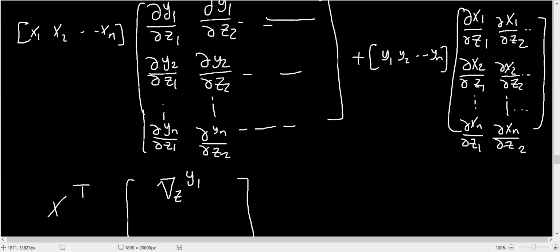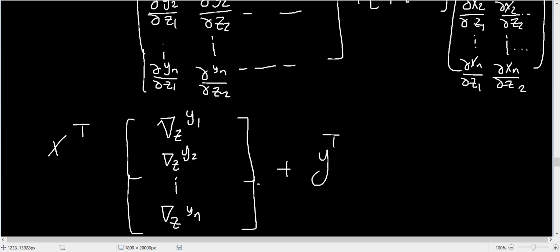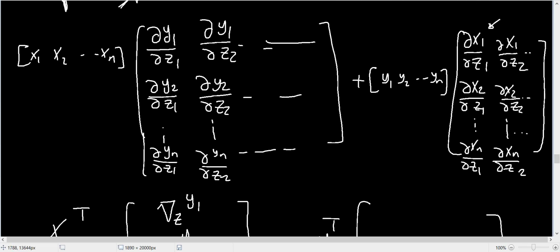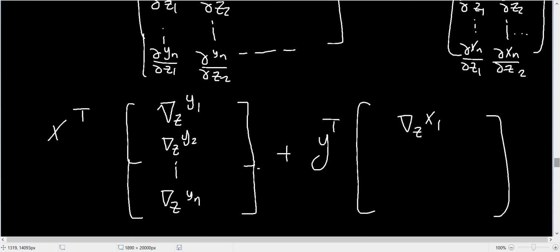The second row is the gradient of y2 with respect to the vector z, and up to the gradient of yn with respect to the vector z. Here also I have y transpose multiplied by another matrix, having the gradient of x1 with respect to z, the gradient of x2, x2 is a scalar of course, with respect to z, up to the gradient of xn with respect to z.